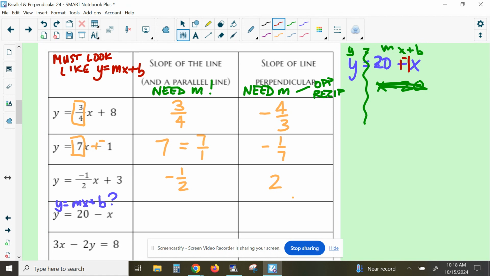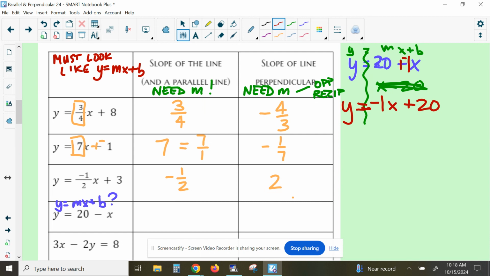So if that makes you remember that, stick that stuff in there, because I can move him over, but the negative is actually attached to the x. The 20, is the 20 a positive number or a negative number? It's a positive. So since I'm staying on the same side, I'm allowed to move terms around, right? Now if I wanted to move something to the other side, I'd have to add or subtract it, right? So I can just do that, but do make sure that you keep negatives attached to whatever's on the right of it, correct? Okay, so now he looks like y equals mx plus b.